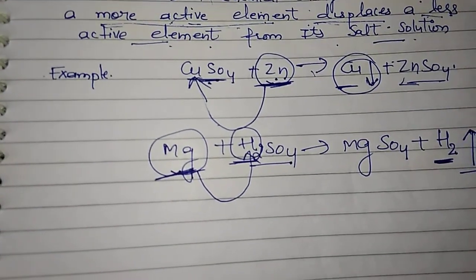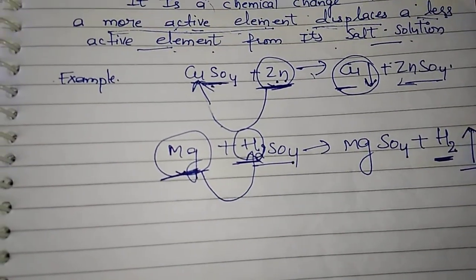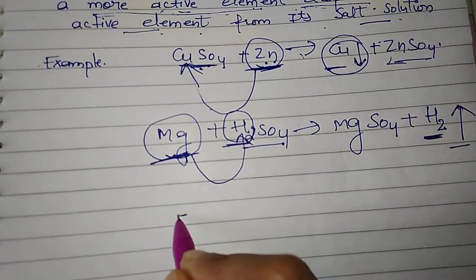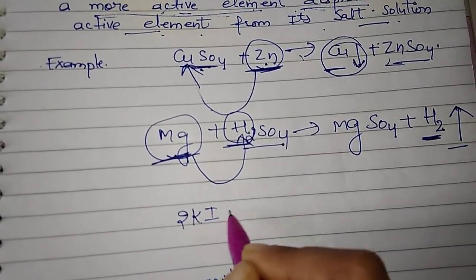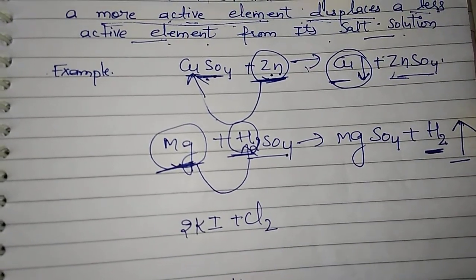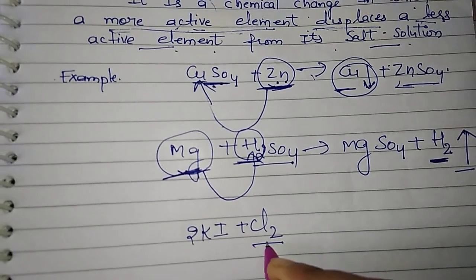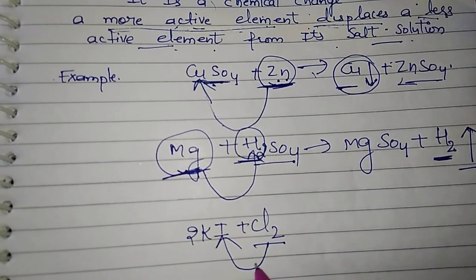Many more examples are given in your book. You can see one more example in your book: 2KI plus Cl2. Pass chlorine gas through a solution of potassium iodide.